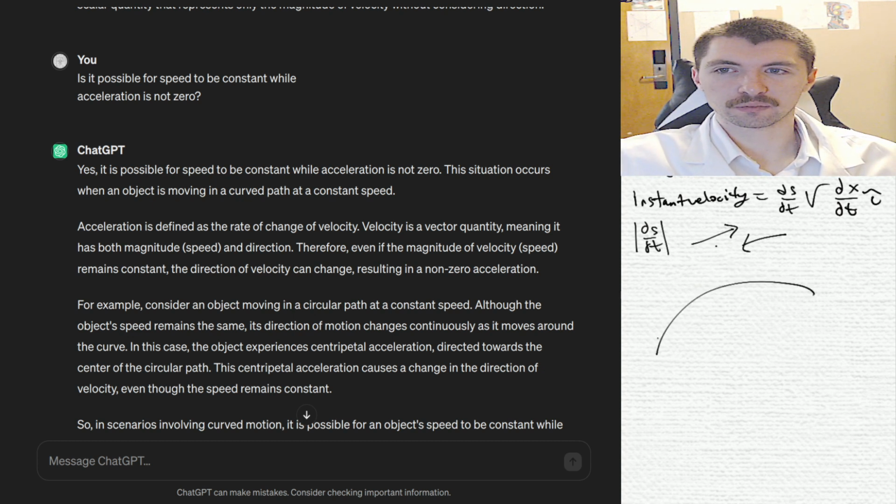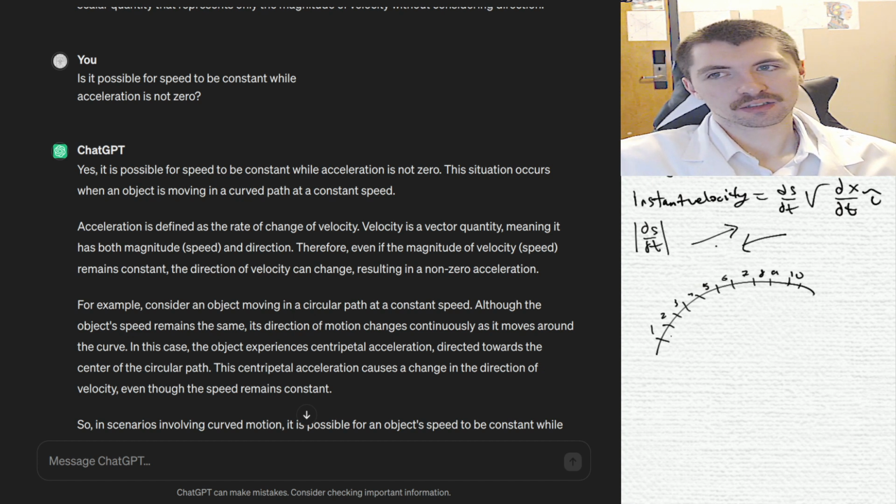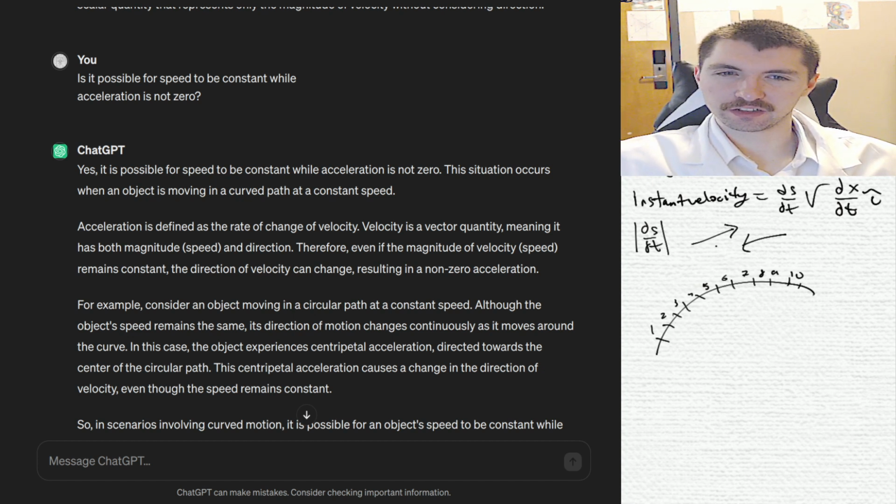So saying curved path, you might be moving here at a constant speed. 1, 2, 3, 4, 5, 6, 7, 8, 9, 10. But the time it's crossing, I don't know if I agree with that.